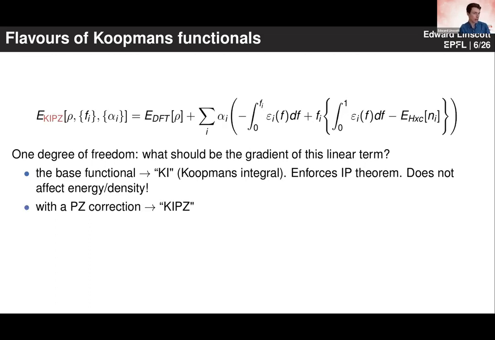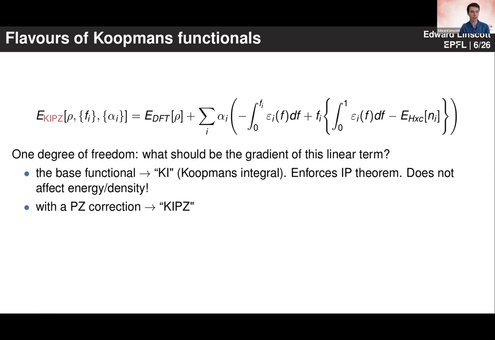The other one that we had that Andrea mentioned as well is the KIPZ functional. And so this is exactly the same as the KI functional, except we've got this extra term here, which is the Perdew-Zunger self-interaction correction. So basically, on top of the KI functional, we're also adding a Perdew-Zunger correction, which targets one body self-interaction error.